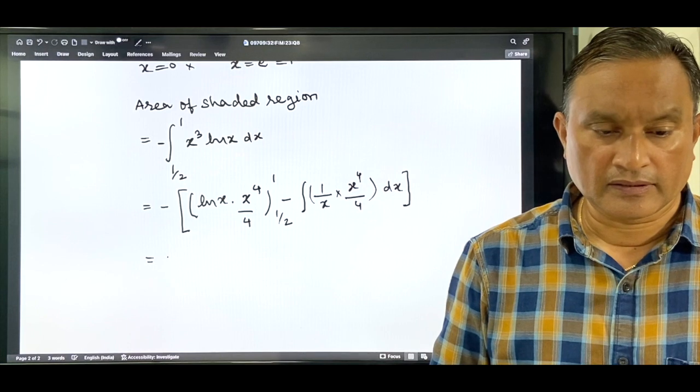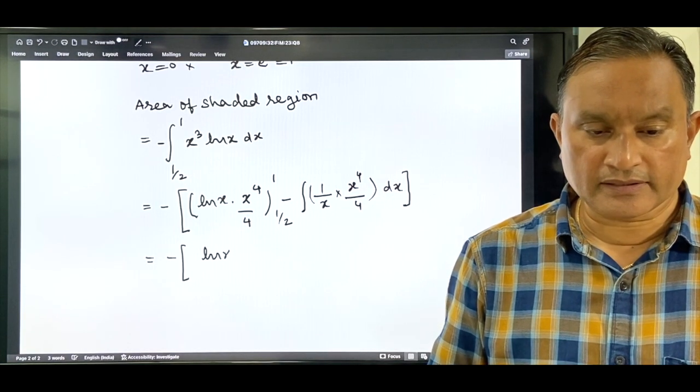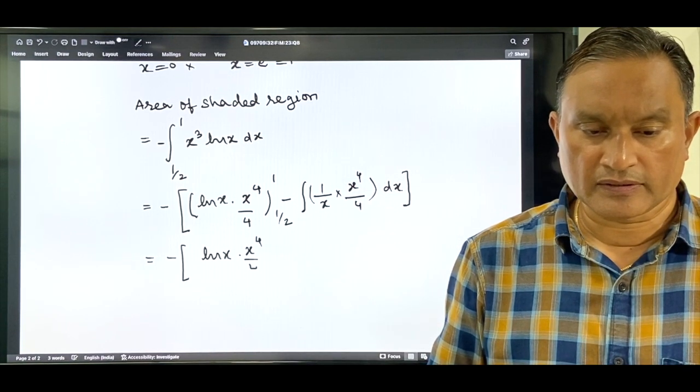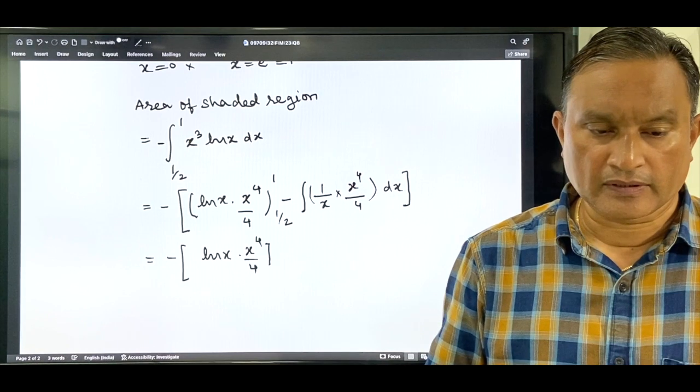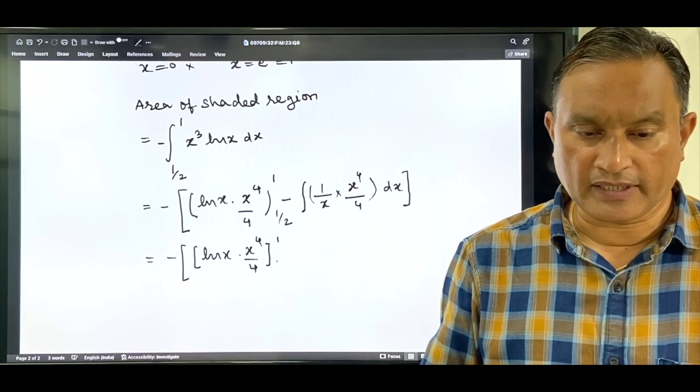Again, ln x into x to the power 4 upon 4, limits 1 and 1/2.